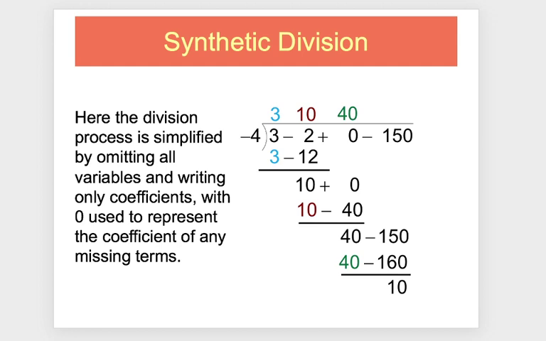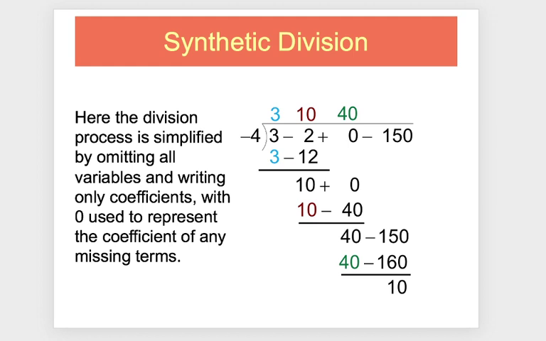Synthetic division will work this way. All we care about is this k value. The k value in x minus 4 is 4. And what we want to do is essentially divide.